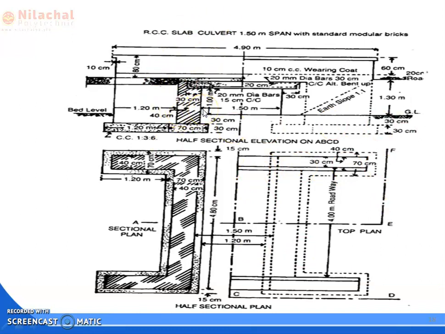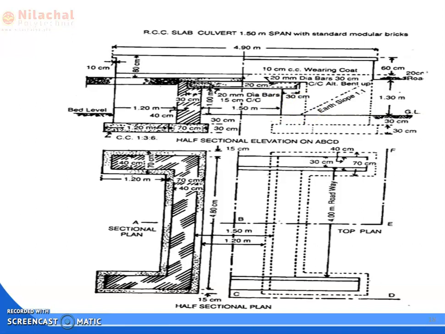The roadway breadth is equal to the breadth of the abutment plus the distance between the two abutment walls plus the breadth of the other abutment. Then we get the breadth of the roadway. Here the breadth of the wall is 40 cm, the distance between the two walls is 1.50 meter, and the other wall is also 40 cm.